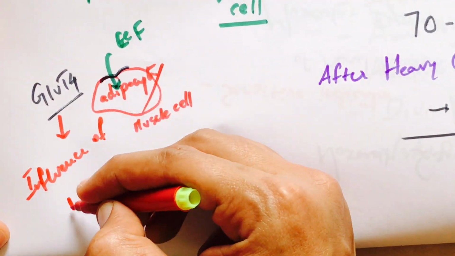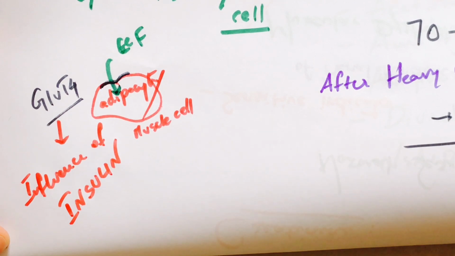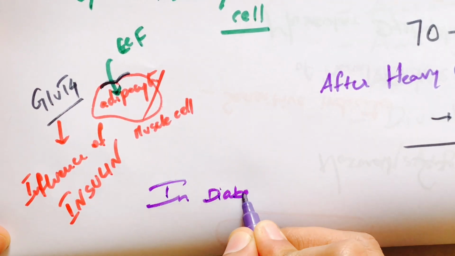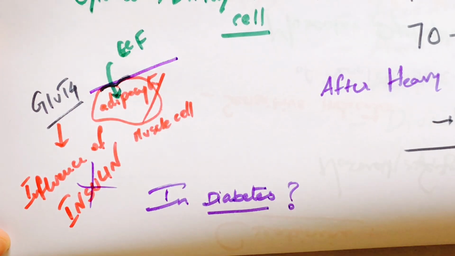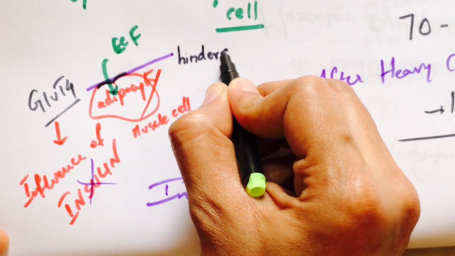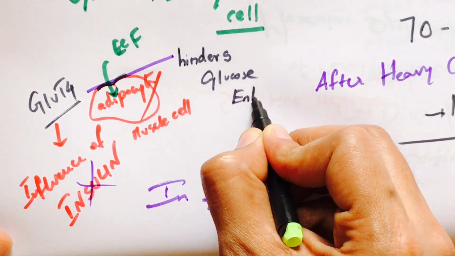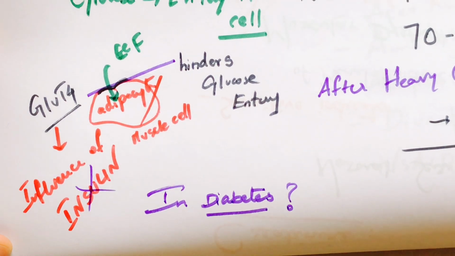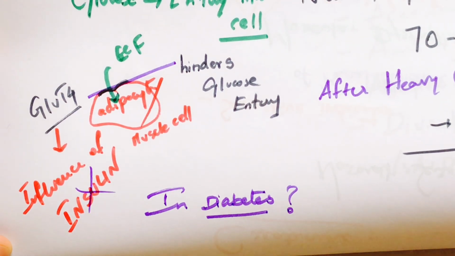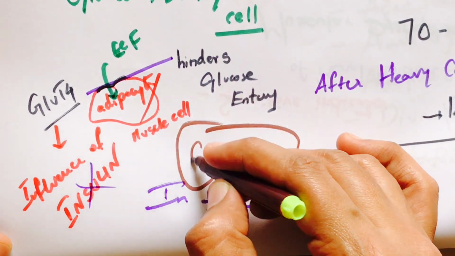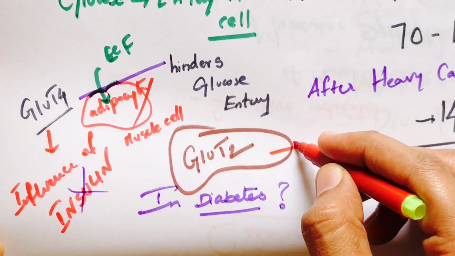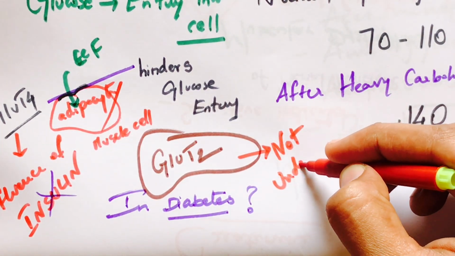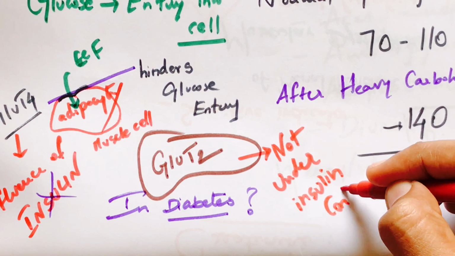The GLUT4 functions under the influence of insulin. So what happens in diabetic patients? Due to deficiency of insulin, there is hindrance to the glucose entry into the cells, which causes increased serum glucose level. And just remember, in the liver, the glucose entry into the cell is through the GLUT2 receptor and not GLUT4, and this receptor is not under the influence of insulin.